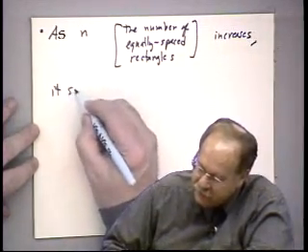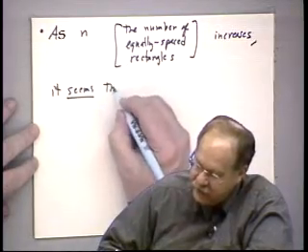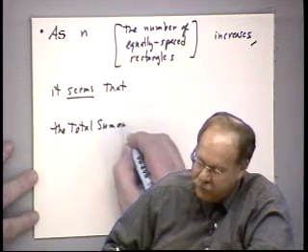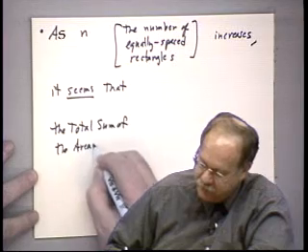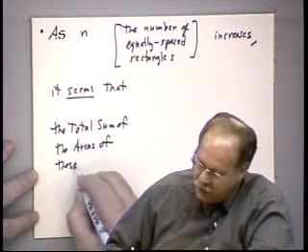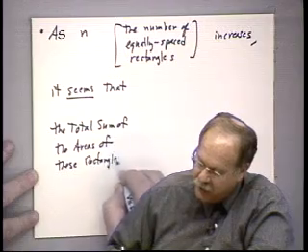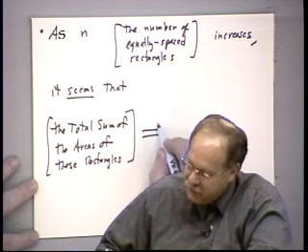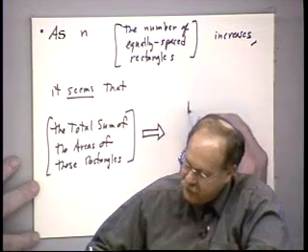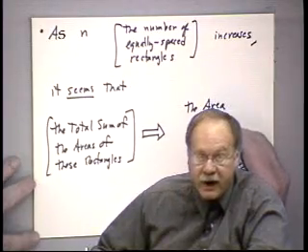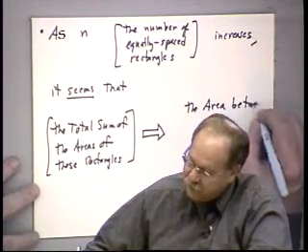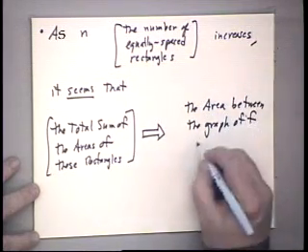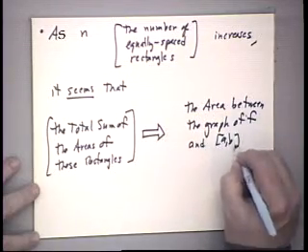it seems, and the picture is certainly suggestive, that the total sum of the areas of these rectangles, so we take all these rectangles, which are all approximations, and we add them all up, then that total sum seems to be heading toward, under a limiting process of some kind, the area between the graph of f and the interval on the x-axis, AB.